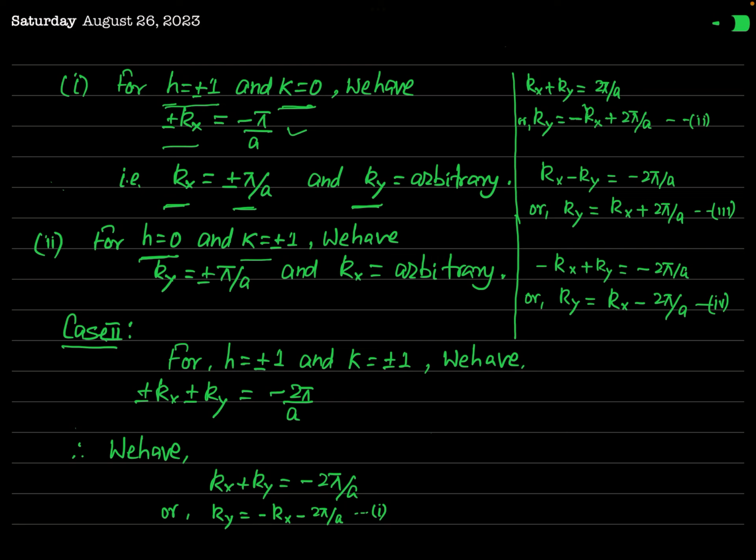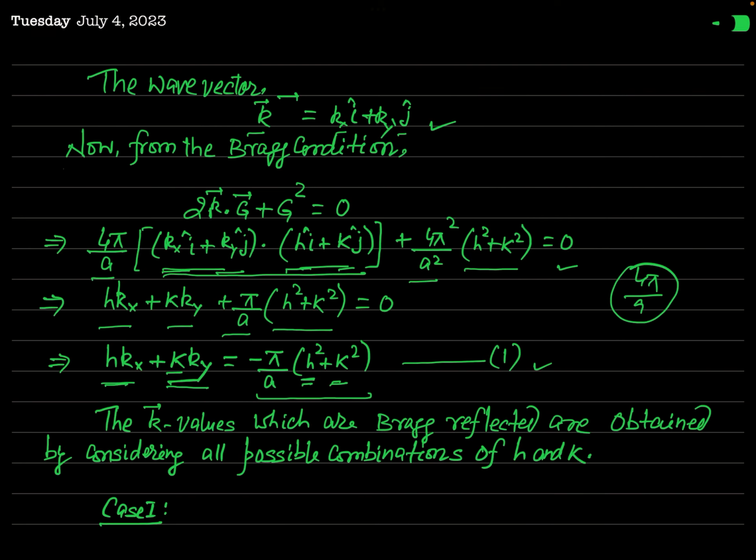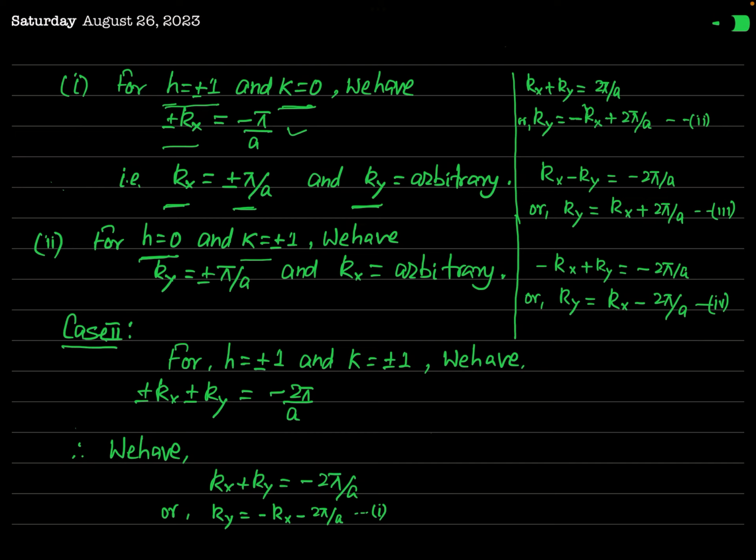Substitute these values in your equation number 1. What will be your result? Here h is 0, so the first term will vanish. k has been taken plus minus 1, so in the LHS there will be plus minus ky, and in the RHS h is 0, but k is plus minus 1, so there will be minus pi over a.